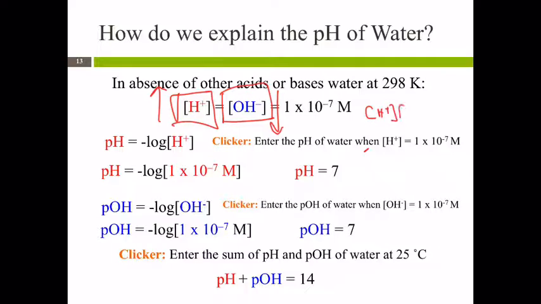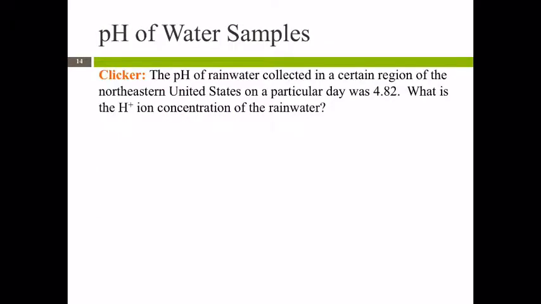H plus concentration times OH minus concentration always equals 1 times 10 to the negative 14th. That means if this one goes up, then the other one will have to go down. So let's keep this in mind. If we know pOH, we can find pH. If we know pH, we can find pOH through that relationship.